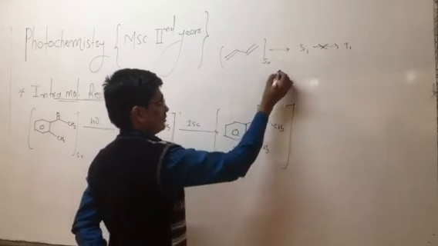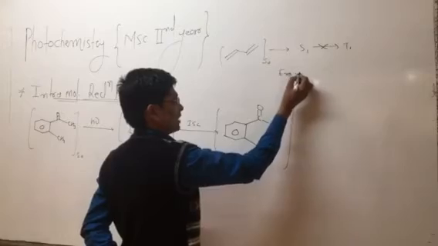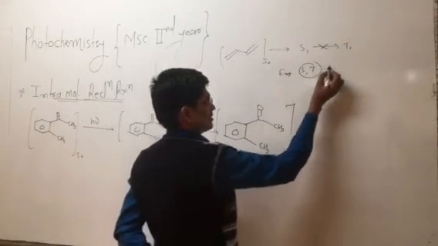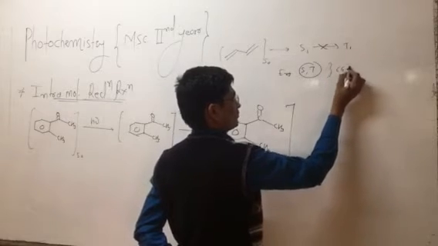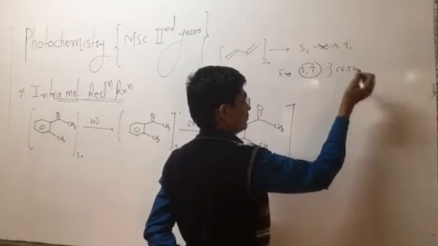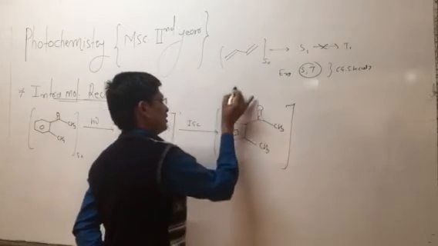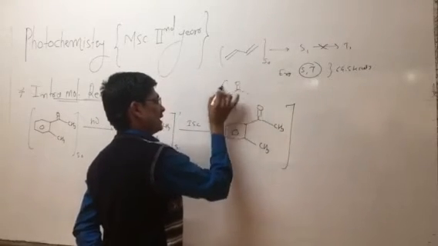Why? Because the energy gap between the singlet and triplet is larger, which is 64.5 kilocalories.